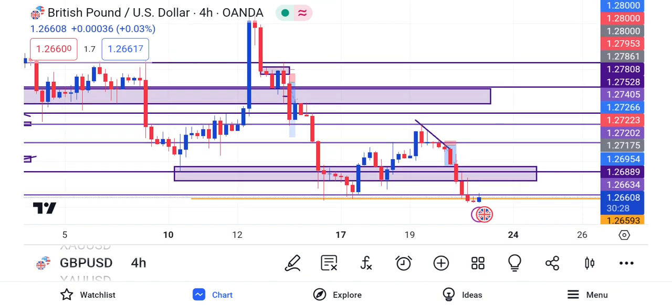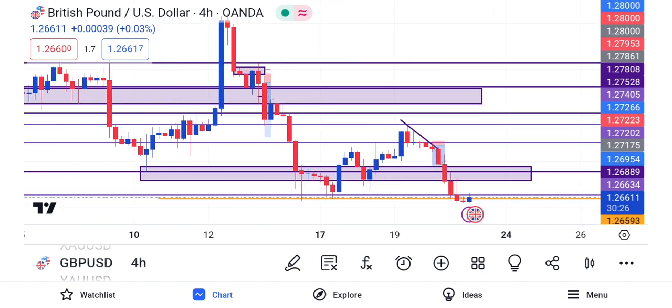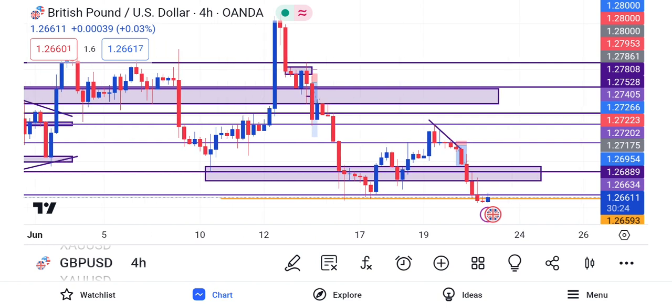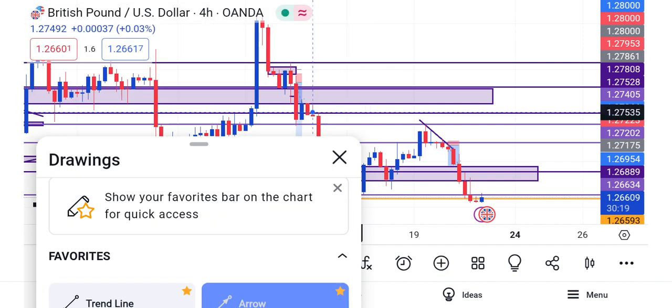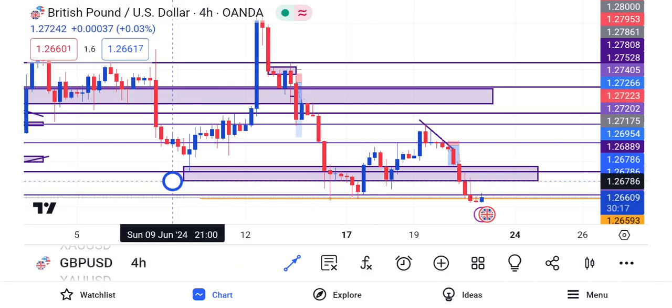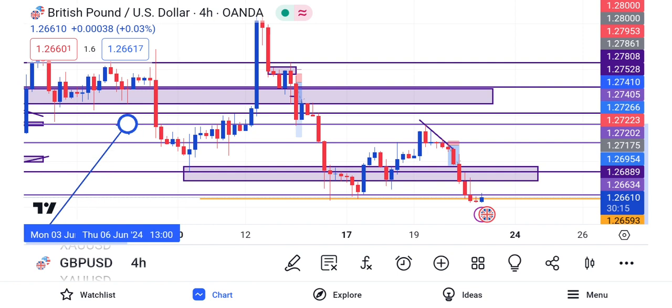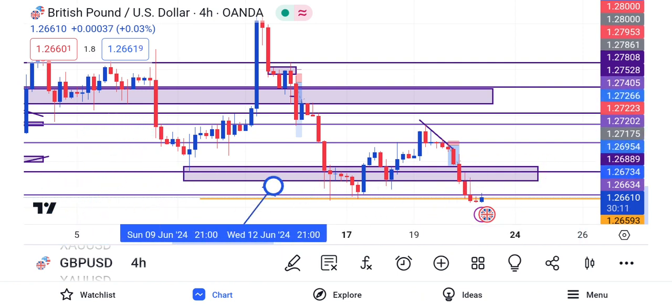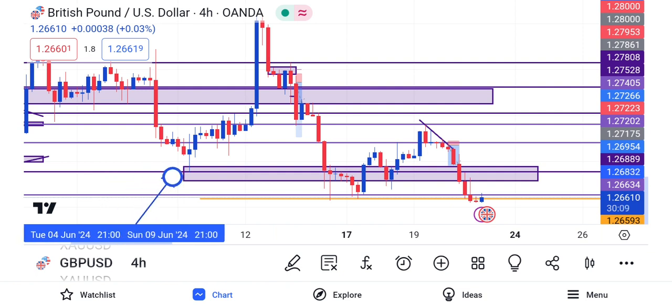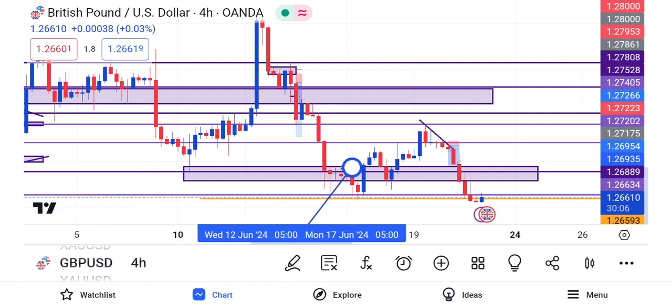So now moving to the H4, we can also see that we got a support right there, whereby price rejected not once, and we also had fake outs too.